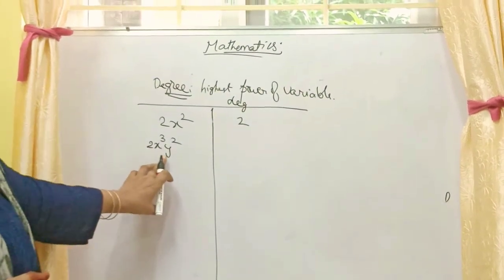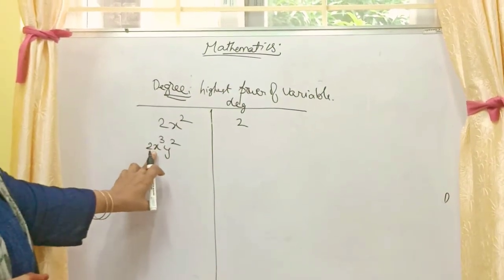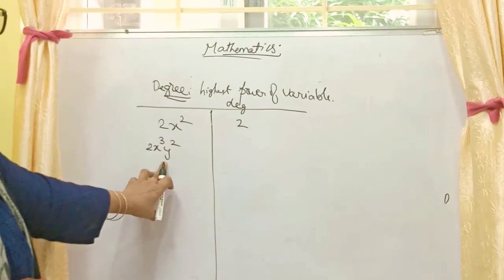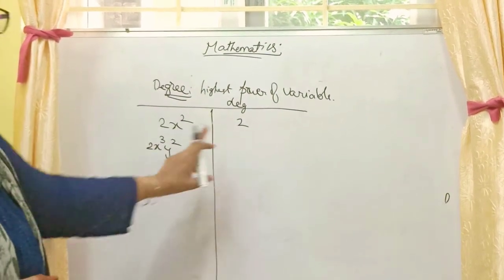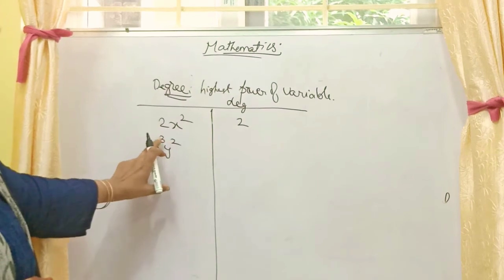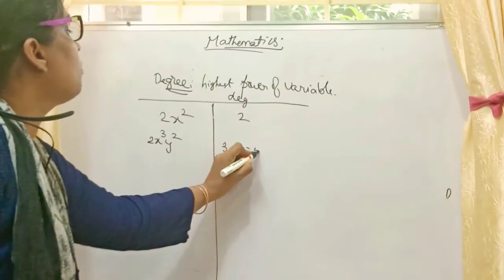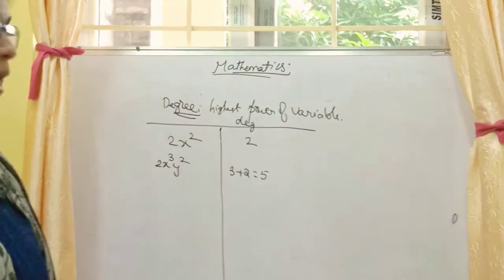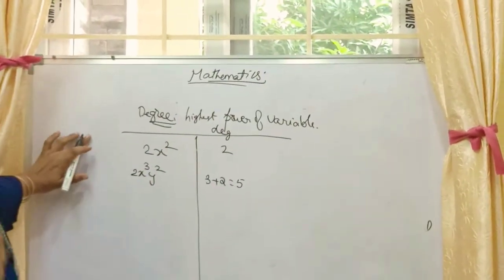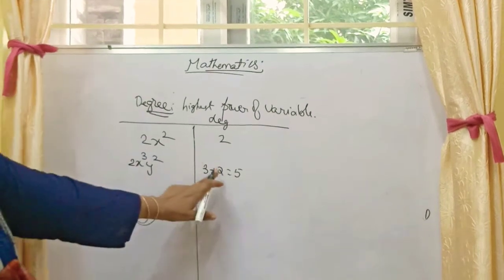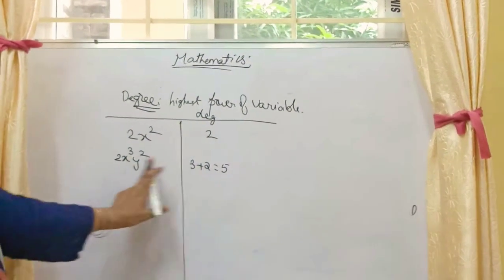Yes, it is a monomial in 2 variables. When it is a monomial in 2 variables, how to find the degree? You will add the powers of both the variables. That is 3 plus 2, which will be equal to 5. So whenever you have a monomial with 2 or more variables, its degree will be equal to the sum of the powers.